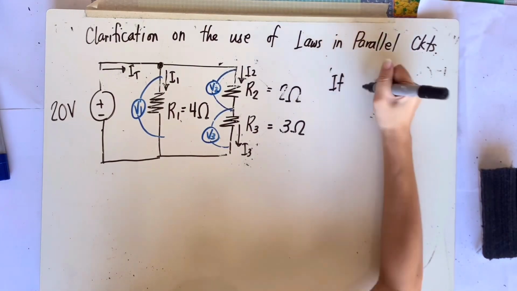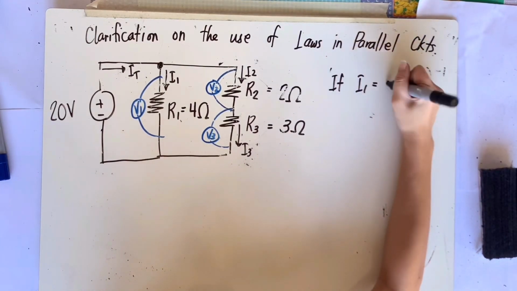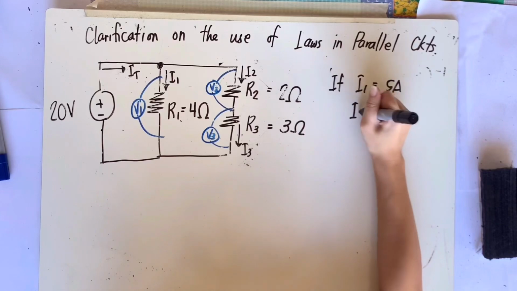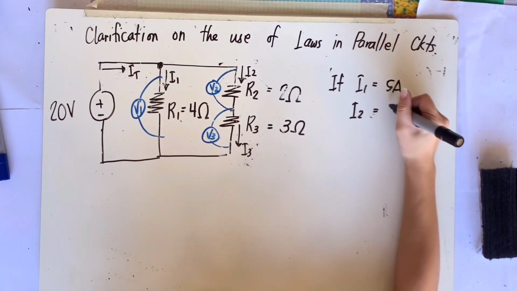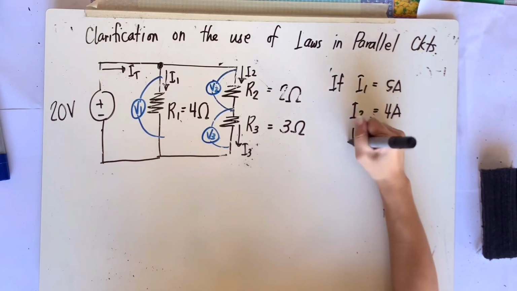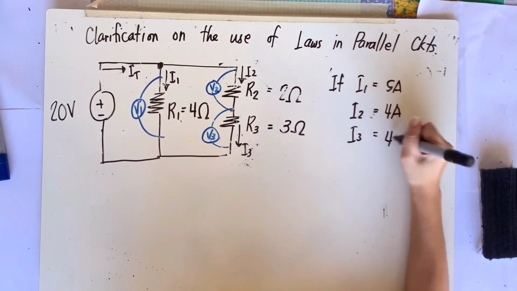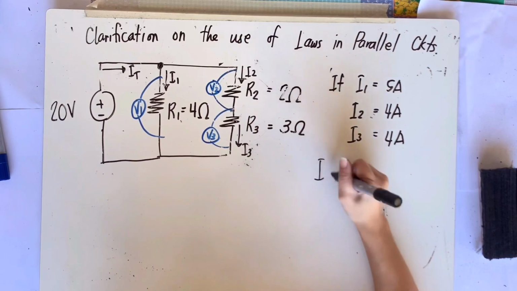Now, if we get the total current again, since we already have I1 which is 5 amperes, and I2 is equivalent to 4 amperes, and it is in series with R3, I3 is 4 amperes also.